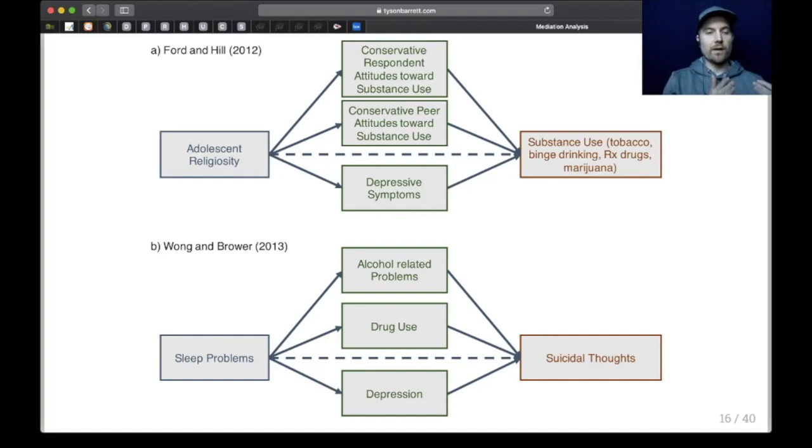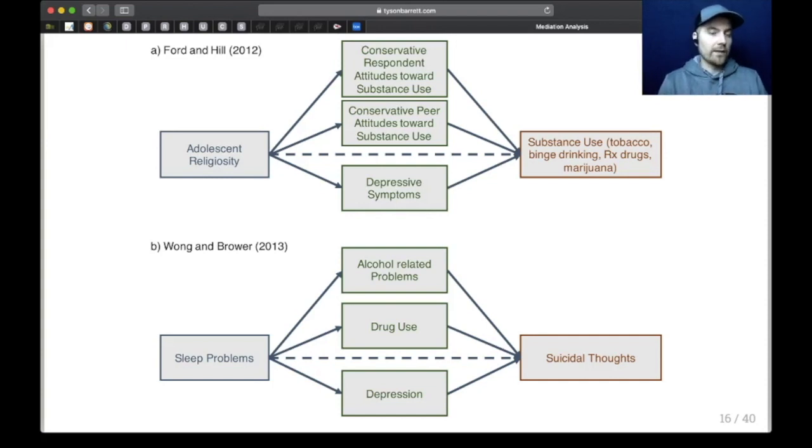So what they were hypothesizing is that your adolescent religiosity impacts these mediators. It changes them in some way. So if you're more religious, you're more conservative towards substance use. Your peers are probably going to be more conservative. And in some way, religiosity is going to affect depressive symptoms. All of those, in turn, are going to then affect substance use.